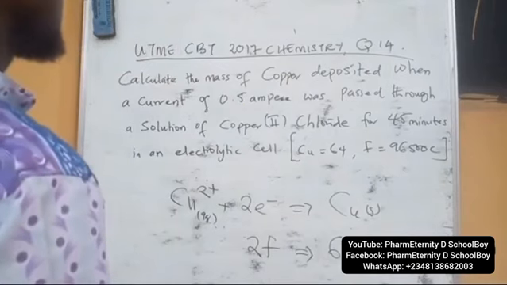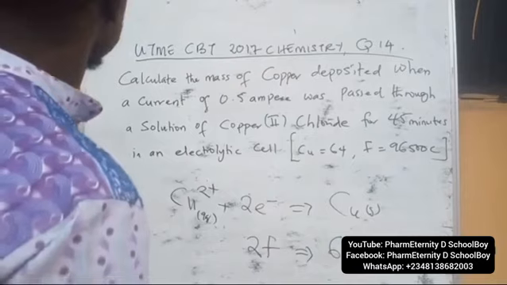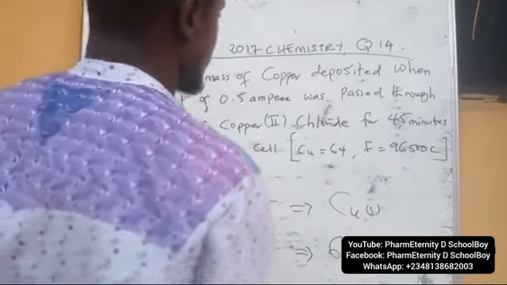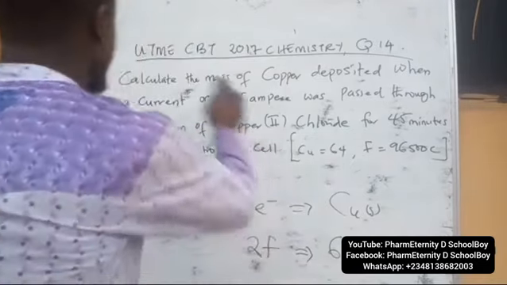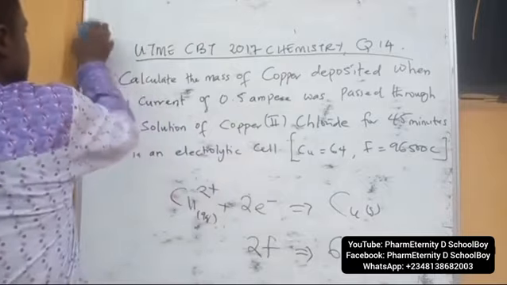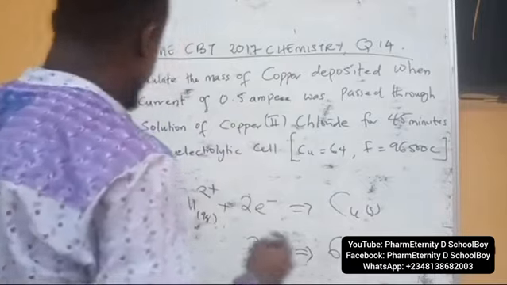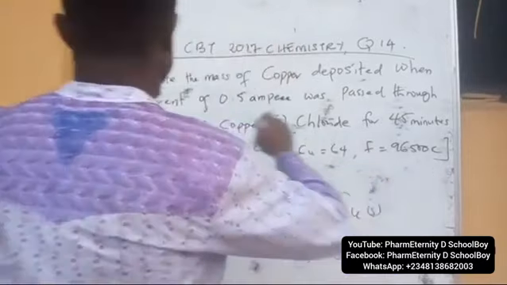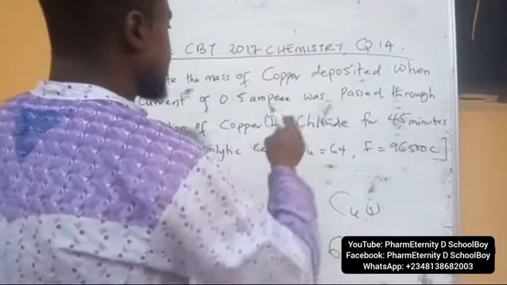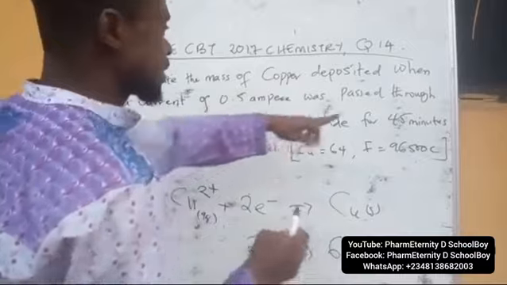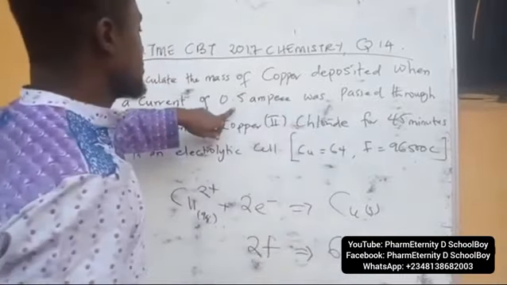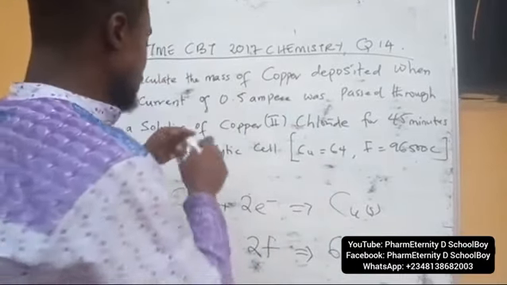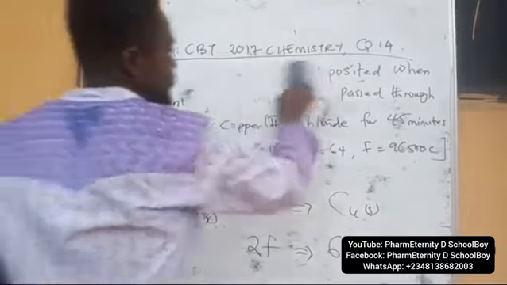All right, let's go. Let me take up the parameters before I clean up. The time is 45 minutes, and the current is 0.5 ampere.